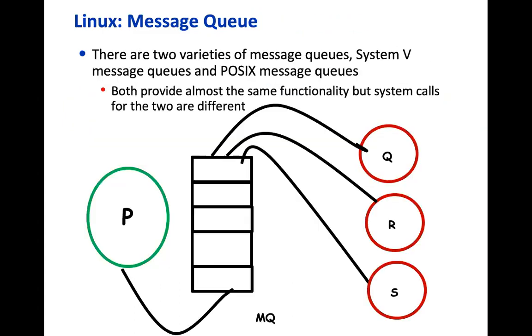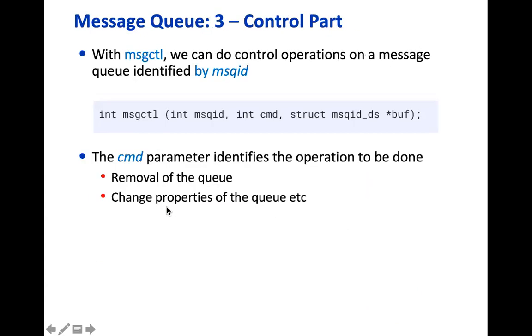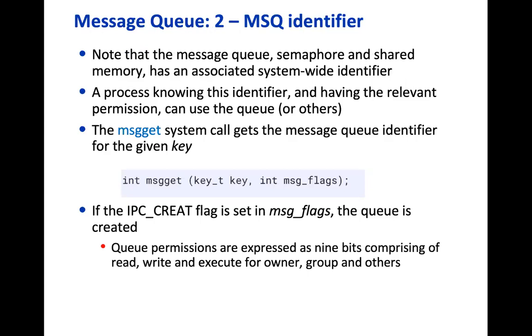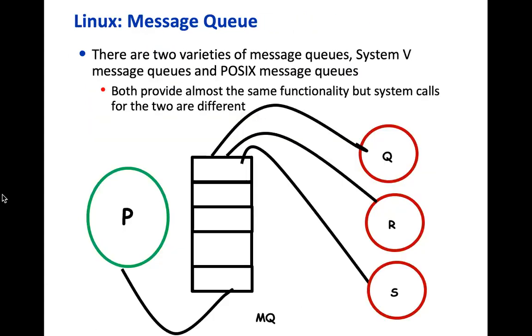Go back here: when it executes msgget with the key, it will get the MSQ ID. Whatever variable you define here is the MSQ ID. The client will also execute the same thing, because it can generate the key, and it will get the same MSQ ID. So both client and server will have the QID, and then they can execute the write and read functions.